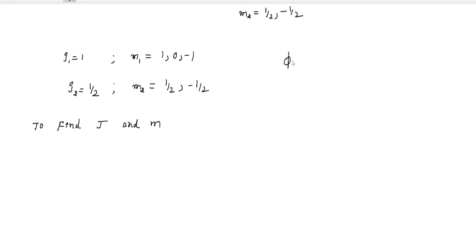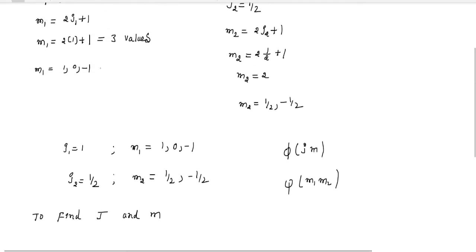So psi j m, the wave function, can be obtained by a linear combination of the m1 m2 wave functions. That is why I'm finding the m1 m2 values and the j1 j2 values.